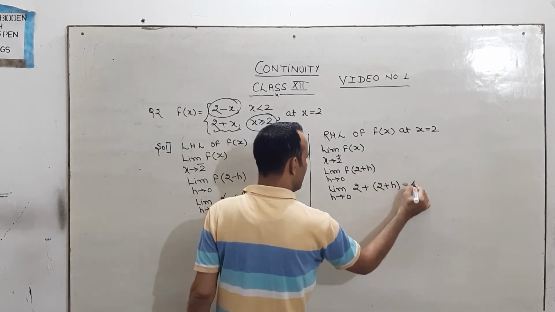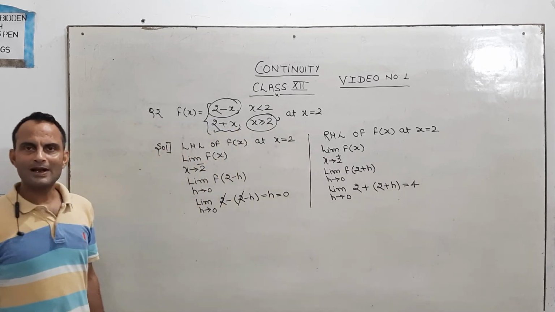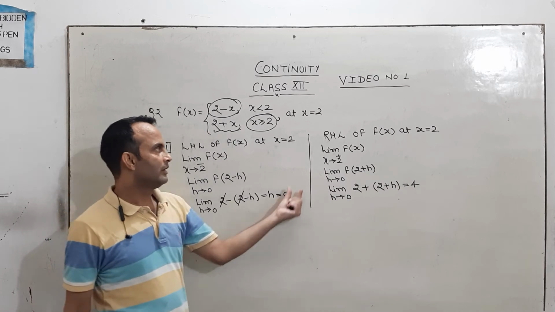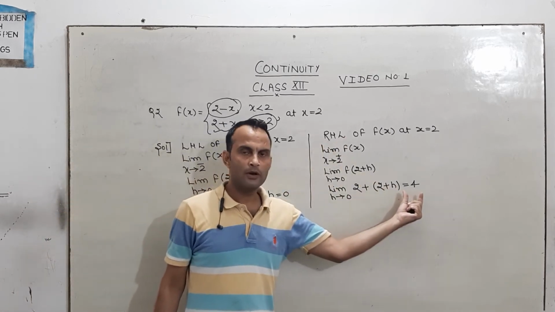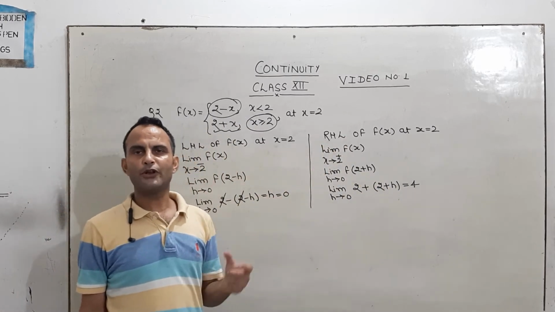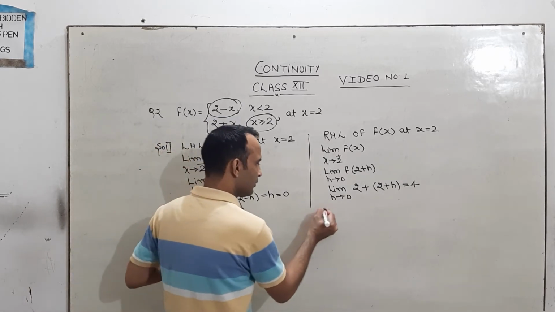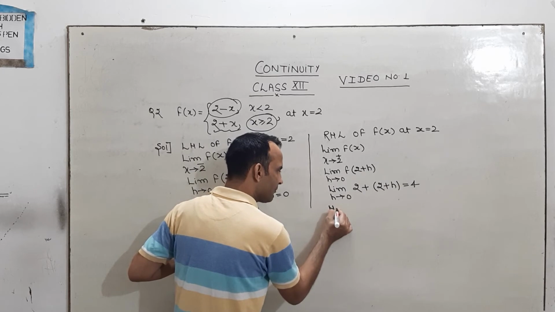which is equal to what? 4. Now dear students, you can see the value of the left hand limit is 0, the value of the right hand limit is 4, means the left hand limit is not equal to the right hand limit. That's why the given function is not continuous. But we have to write in this way.